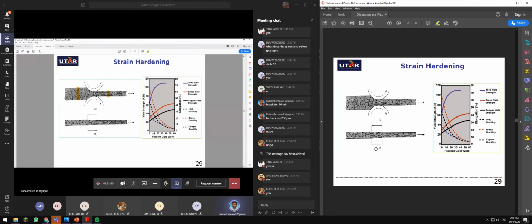So when you increase the percentage of cold work from 10, 20 up to 60, the yield strength increases. Can you see the yield strength increases? The elongation reduces drastically because it cannot elongate further. This applies to metal only, guys. Please take note, this applies to metallic material only.